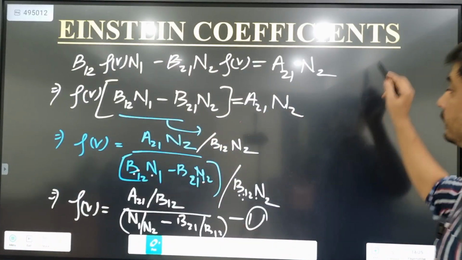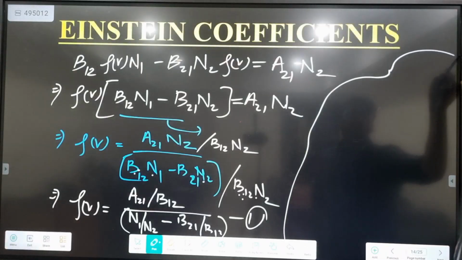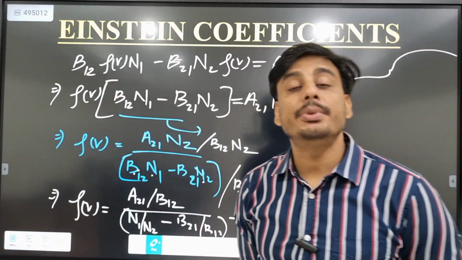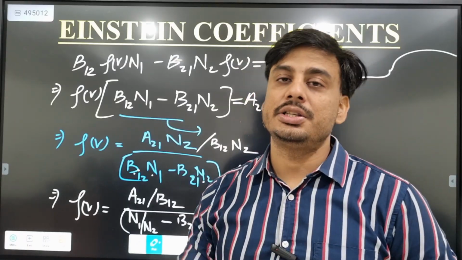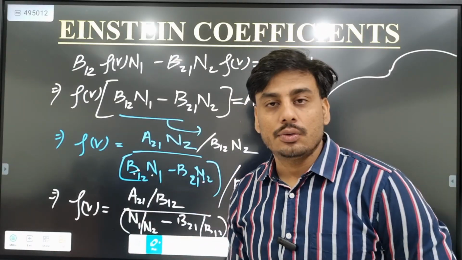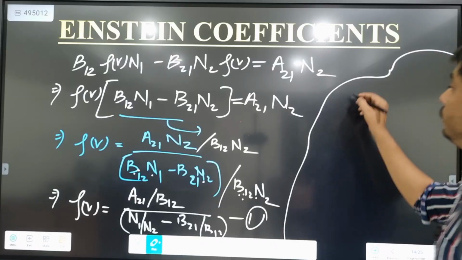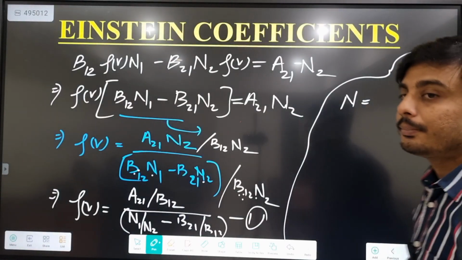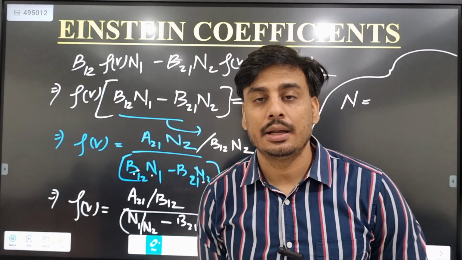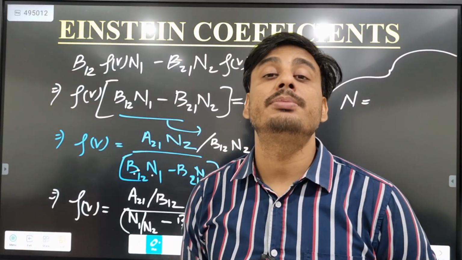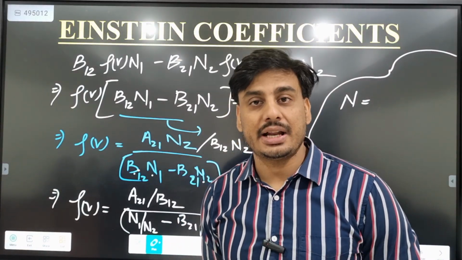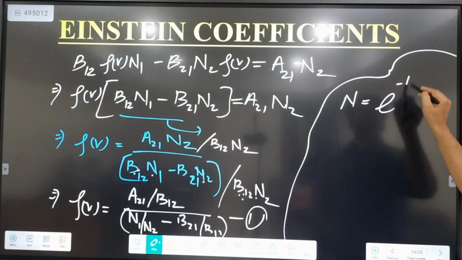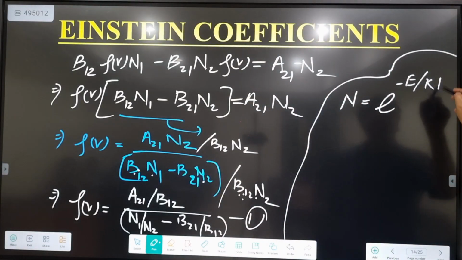But we know that N1 and N2 are nothing but the populations, that means the number of particles present in energy state E1 and energy state E2. From the Boltzmann equation, if N is the number of particles present per unit volume in an energy state having energy E, then N equals e to the power minus E by kT.